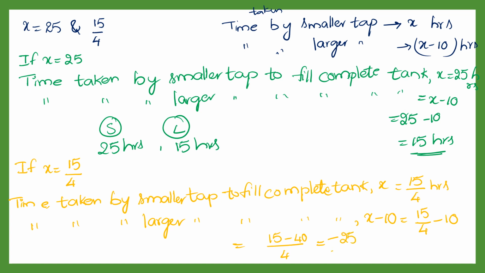Minus 25 by 4 hours. Will time be a negative number? No. Time cannot be a negative number. So you cannot take x as 15 by 4 hours, because for the larger tap you got minus 25 by 4 hours. Time will not be negative. So we will not consider this value of x, 15 by 4.